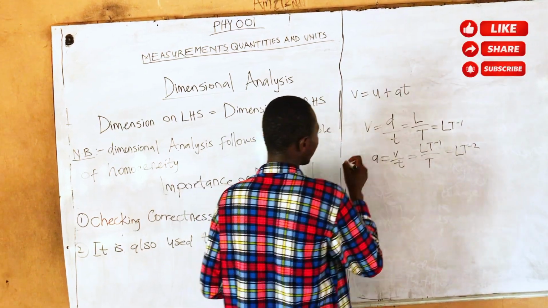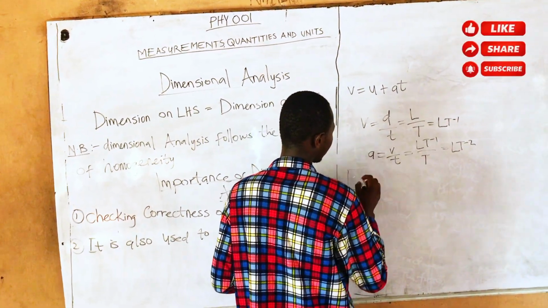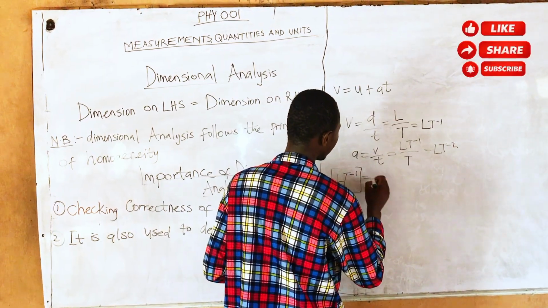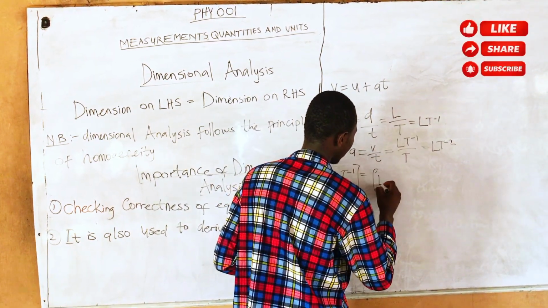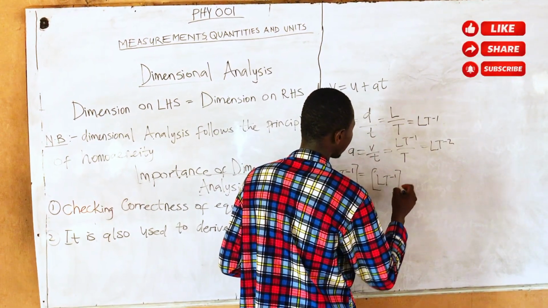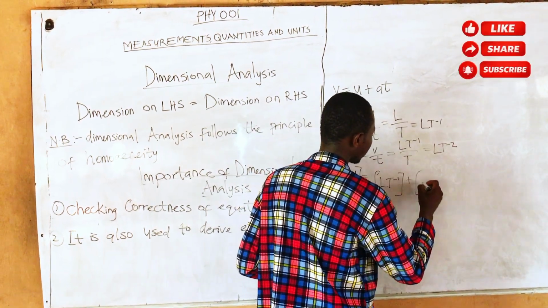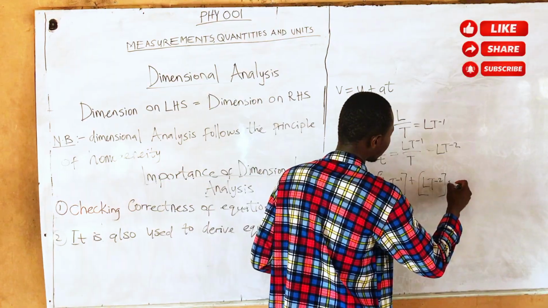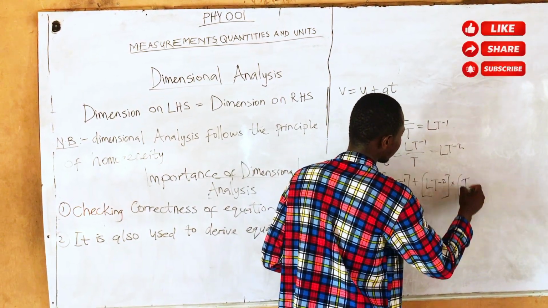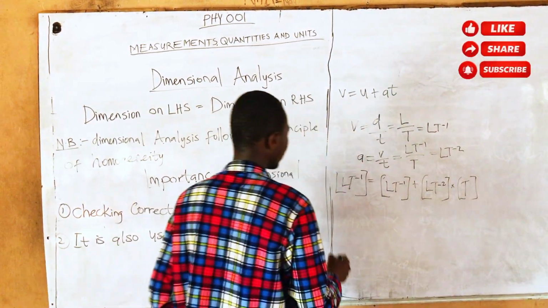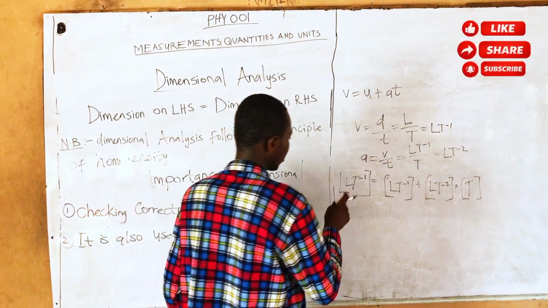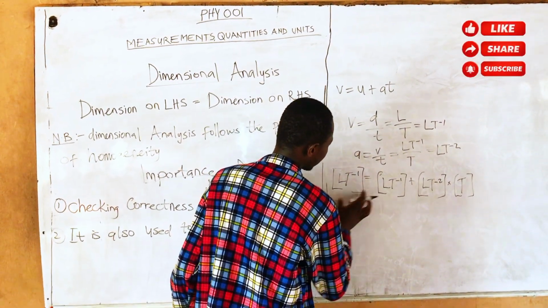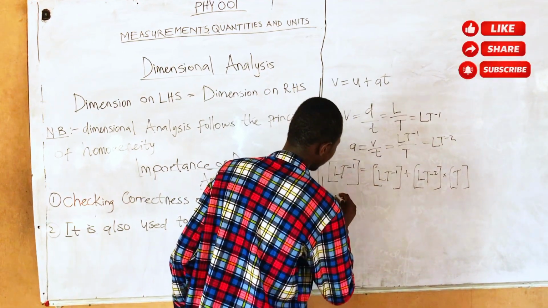So the equation will be represented here like this: LT raised to power minus 1 equals LT raised to power minus 1 plus acceleration LT raised to power minus 2 and our time T. So now let's analyze. In dimensional analysis, what is on this side must be equal to what is on this side.